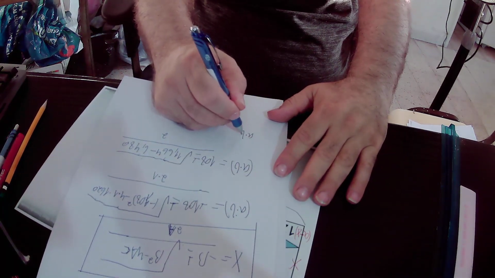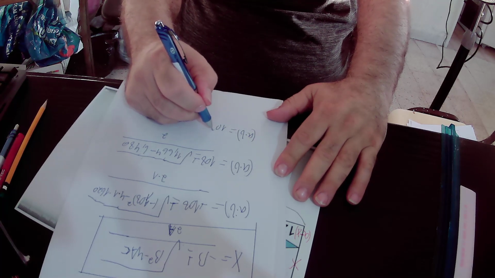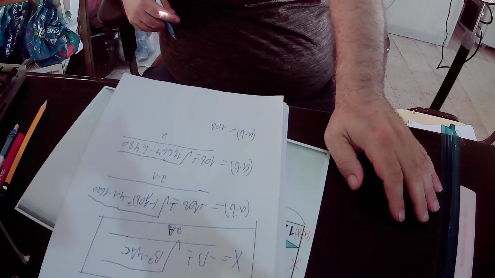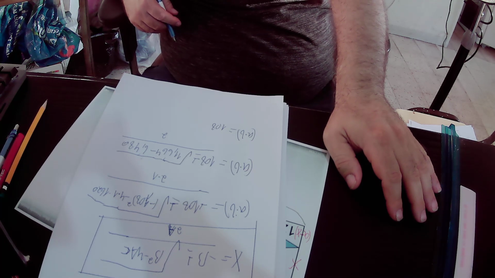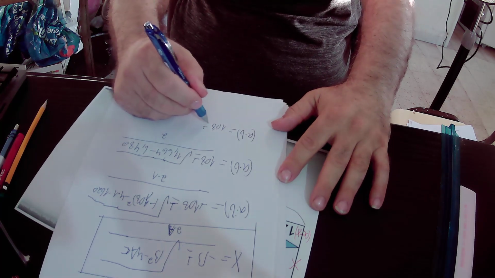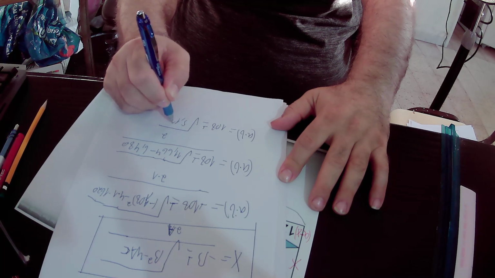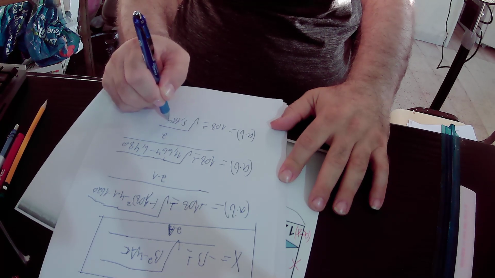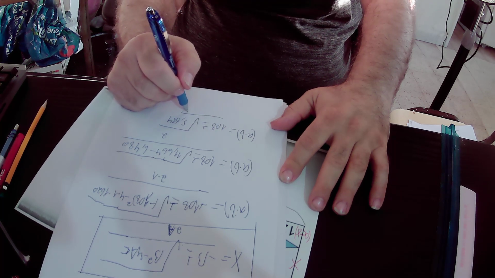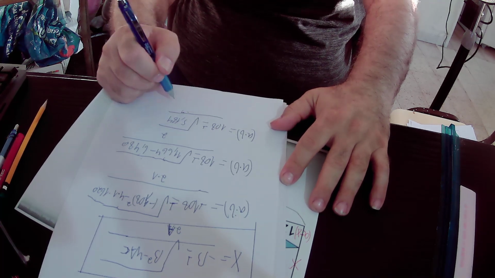We will get that a times b equals 108 plus minus the root of 11,664 minus 6,480, which equals 5,184, all divided by 2.